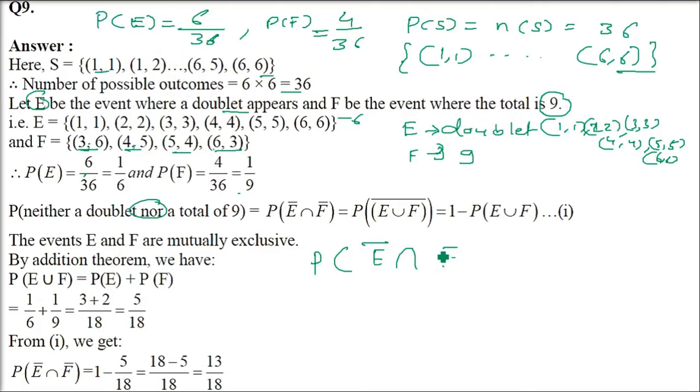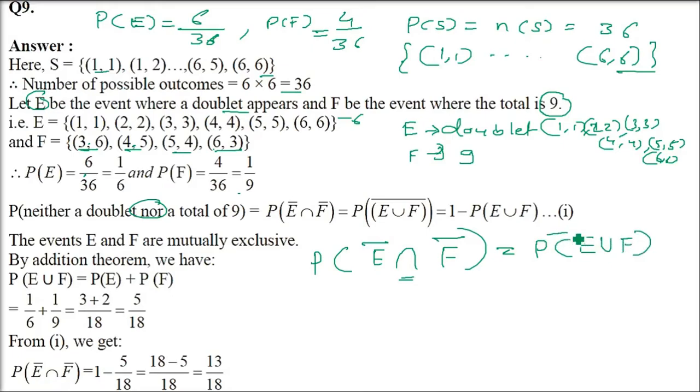Whenever OR comes we add, so it should be union, but with neither nor we have intersection. So how to remove the complement?